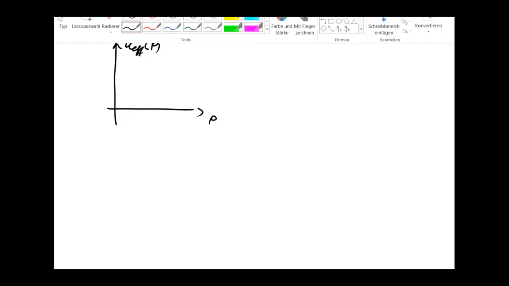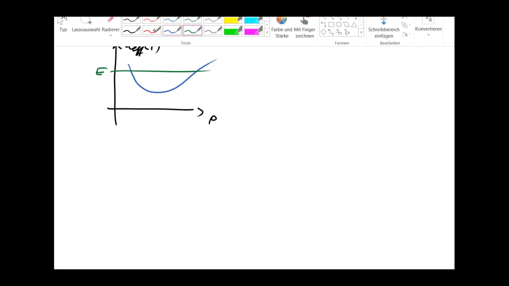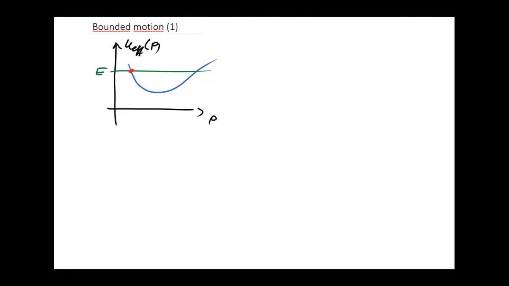So let's focus on the situation where the effective potential has a minimum somewhere, and the total energy E is such that motion is bounded between a minimal and a maximal distance.